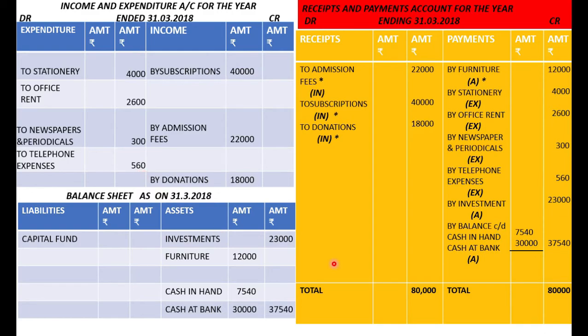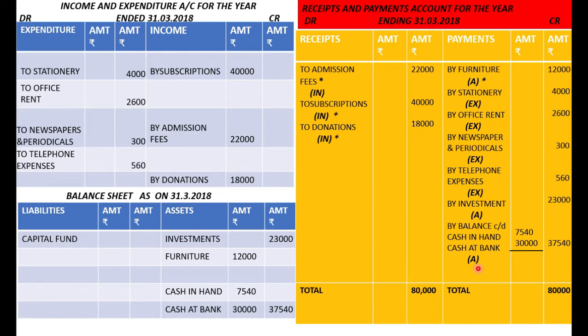expenses. Next, buy investments 23,000, which are assets. So they are recorded in the assets of the balance sheet. Investments 23,000. Next, by balance carried down: cash in hand 7,540, cash at bank 30,000.